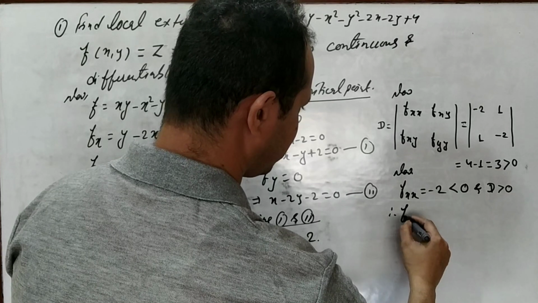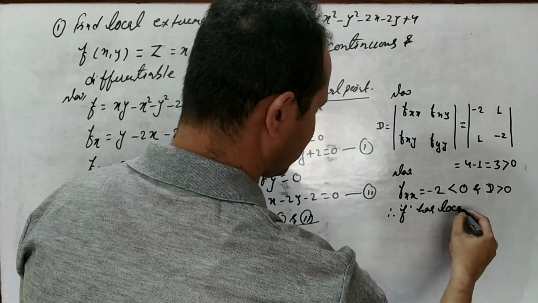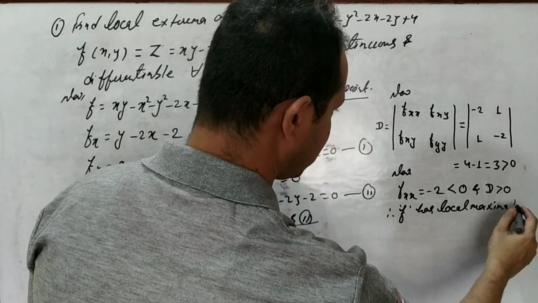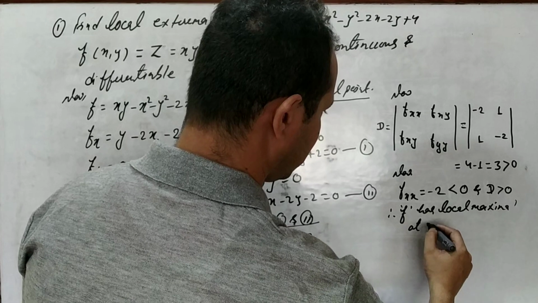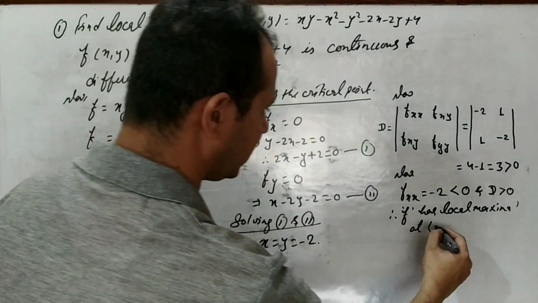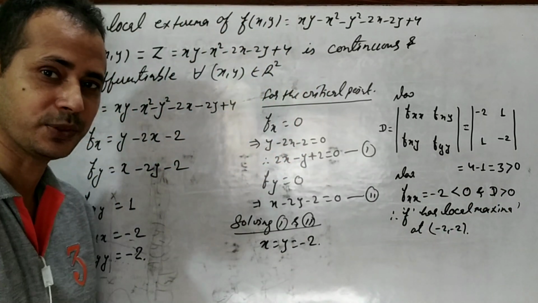So the given function f has local maxima at the critical point minus 2, minus 2. Hope you all understood it.